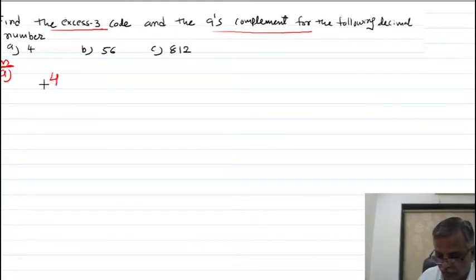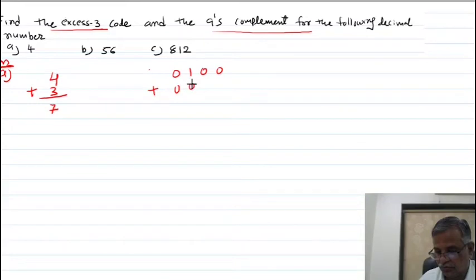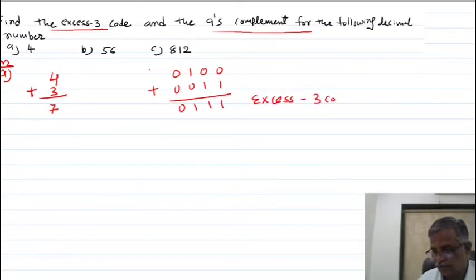So for 4 I have to add the 3, or I can write this is your 7. So 0100 plus 0011. So I can write this is your XS3 code of your decimal number 4.